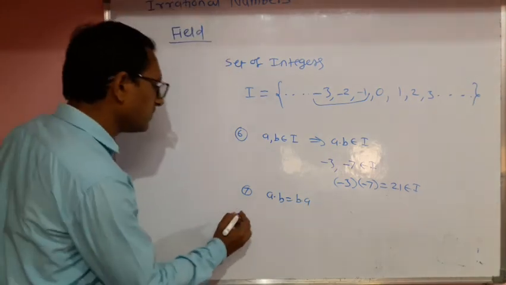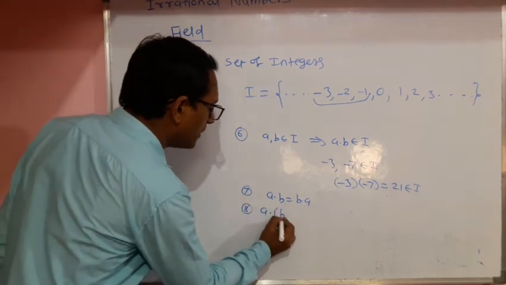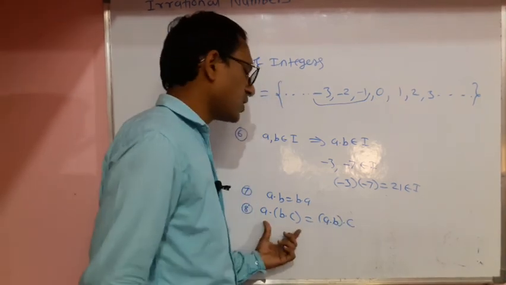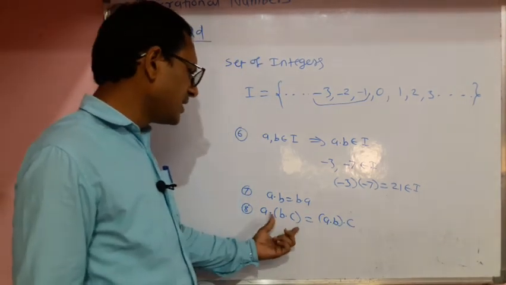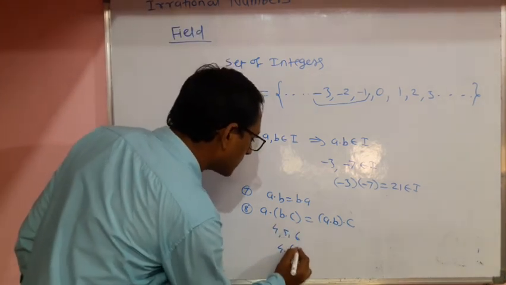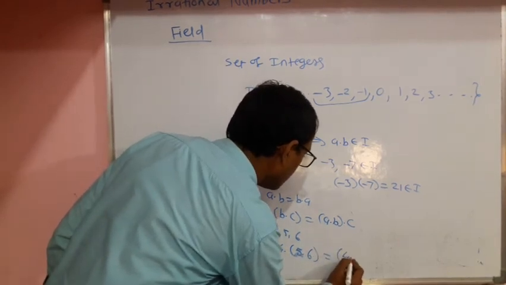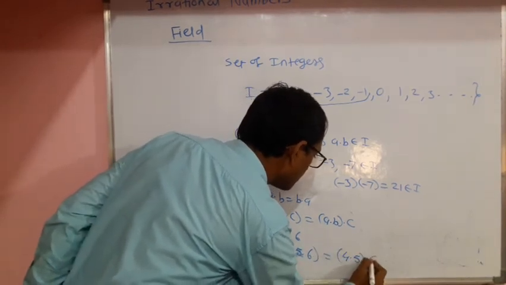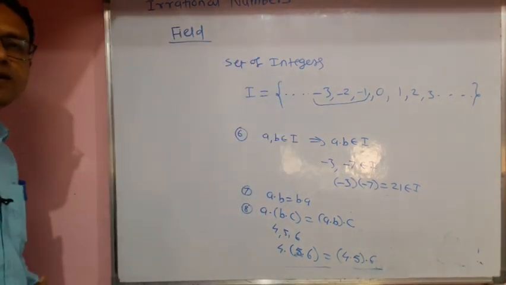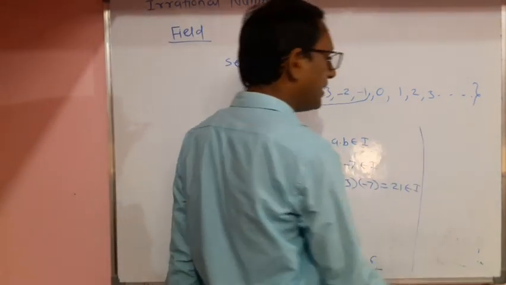This is also satisfied. Next property we have to see is a dot b dot c is equal to a dot b dot c. Multiplication of this form is equal. So for any 3 elements, suppose 4, 5, 6, I have 4 dot 5 dot 6 is equal to 4 into 5 into 6. So these are equal. This is true for any 3 elements. And the next property is the existence of identity element.